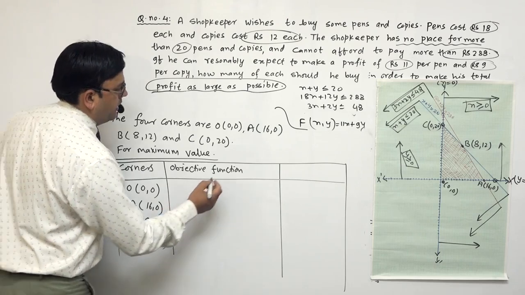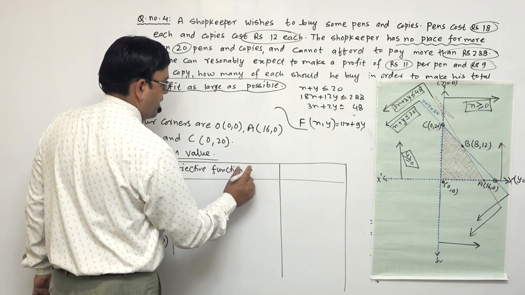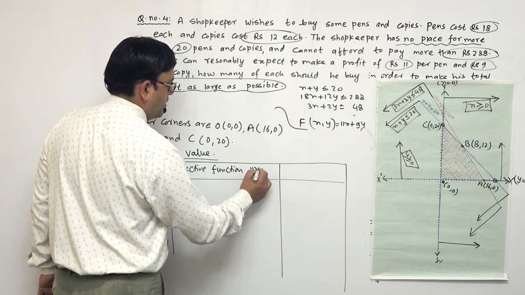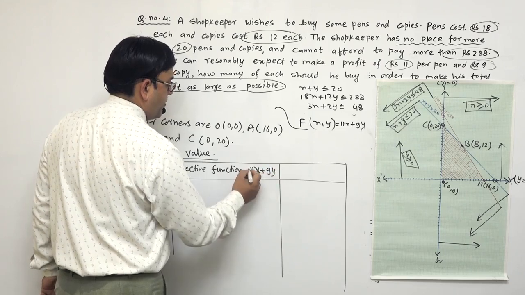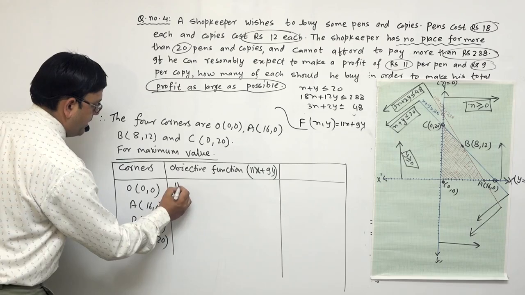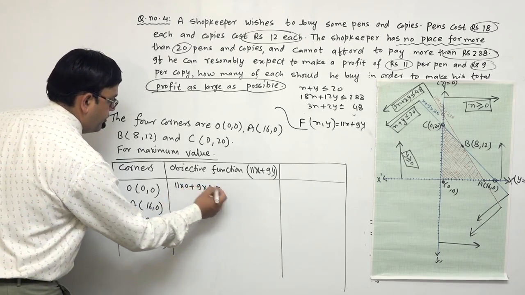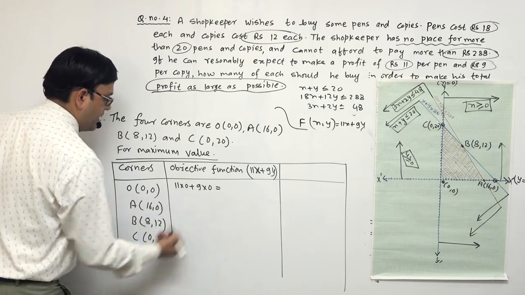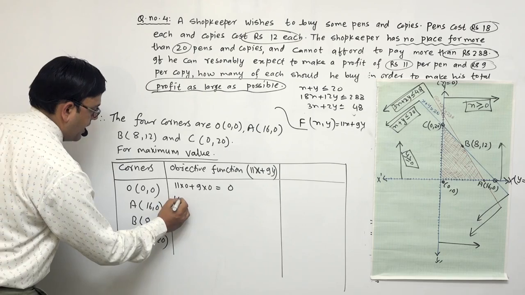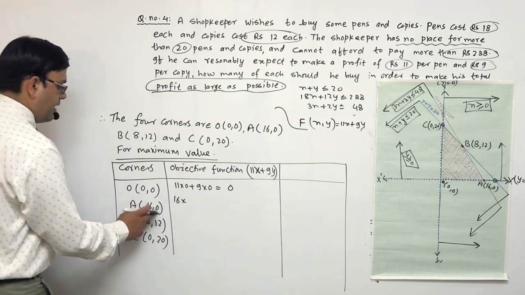Our objective function is 11x plus 9y. So 11 times x is 0 plus 9 times 0, 0 0 हामीले राख्दाखेरि 11 times 0 plus 9 times 0 is equal to 0. So here is 16 and 0.